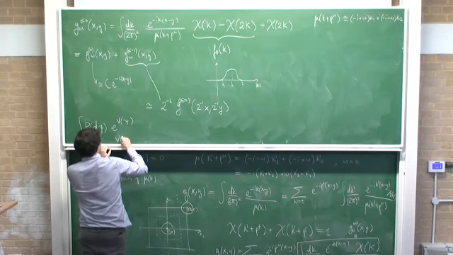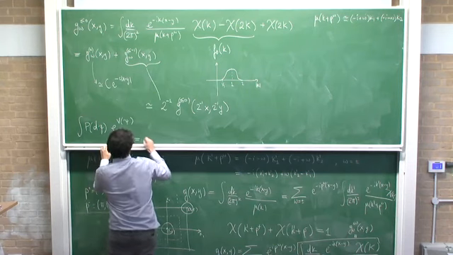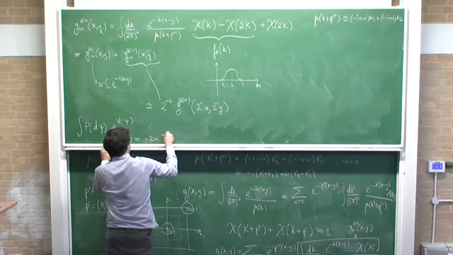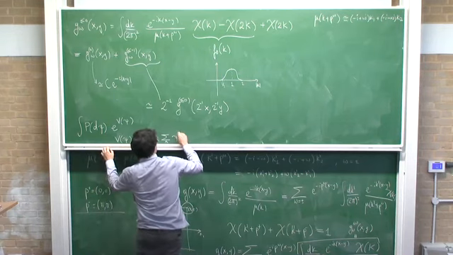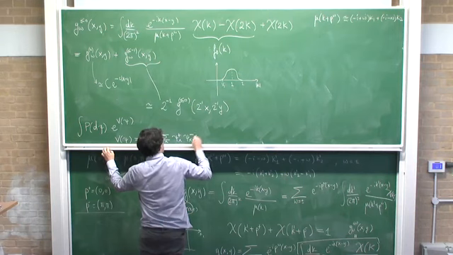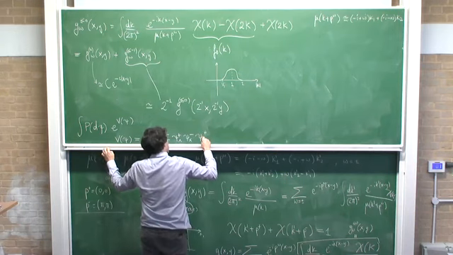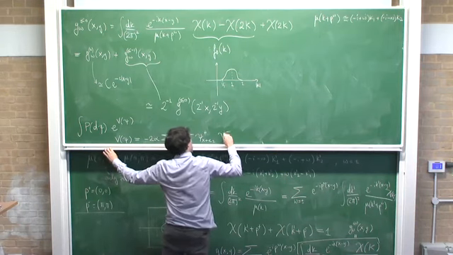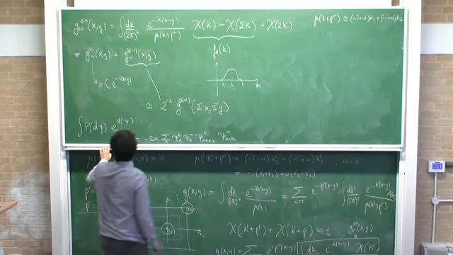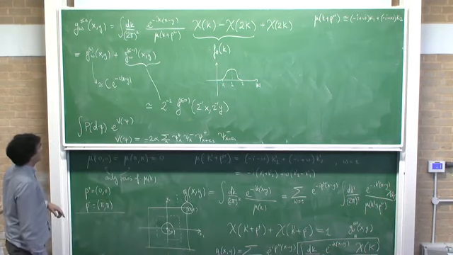Remember, V of psi was nothing but minus 2 alpha sum over x psi plus x psi minus x plus e2 plus minus x minus e1. This is what we are interested in computing.